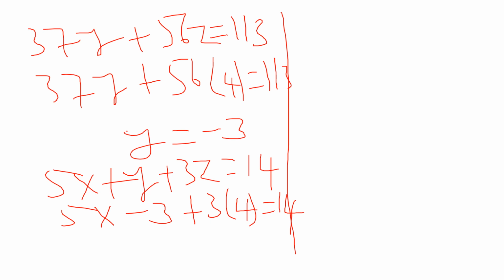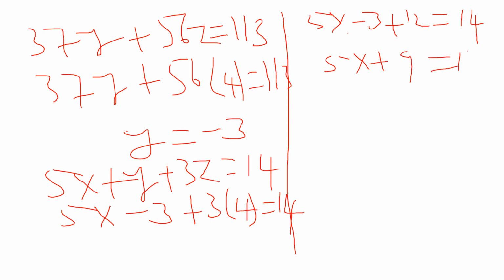So we are going to have 5x minus 3 plus 12 is equal to 14. If you take the like terms together, we have 5x here, and then negative 3 plus 12 becomes a positive 9 is equal to 14.